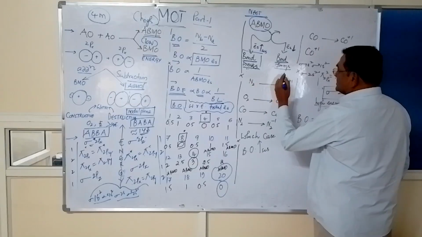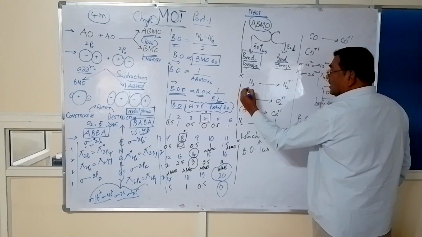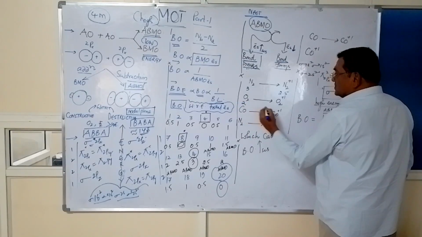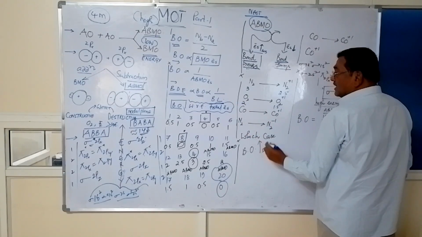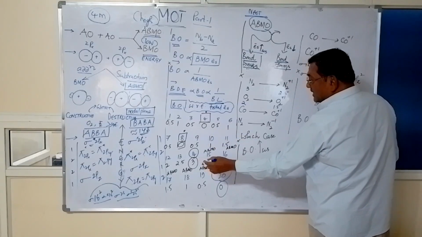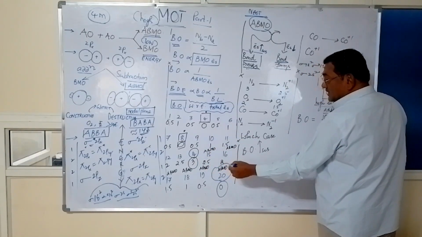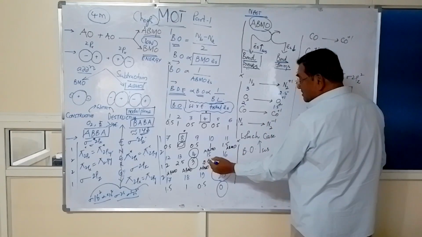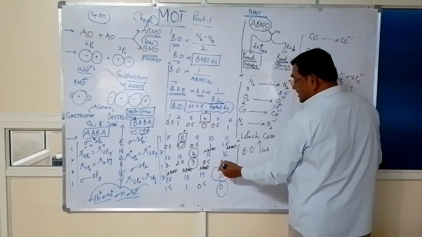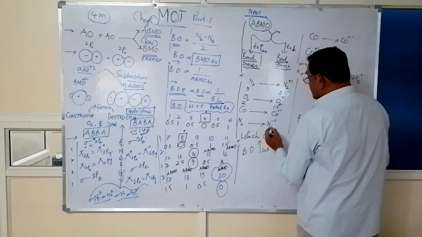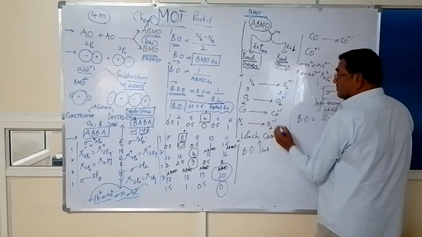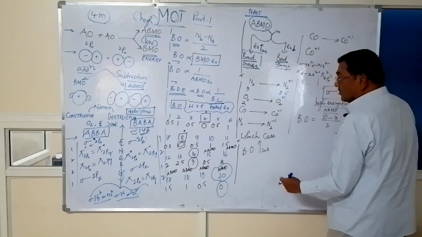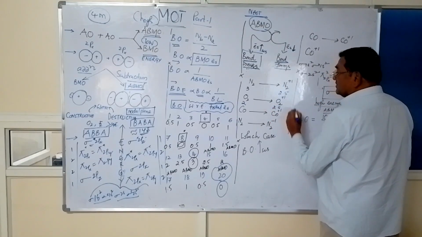Here is a very decent question. Here the bond order is 3, but here it is going to be 2.5. And here the bond order is 2, it's going to be 1.5. Then when we come to the 14 and 16 electron systems, 16 is going to be 2 and with ABMO it is going to be 2.5.